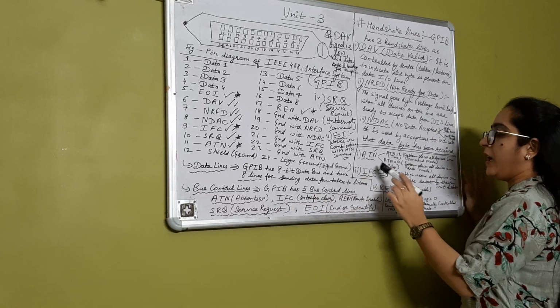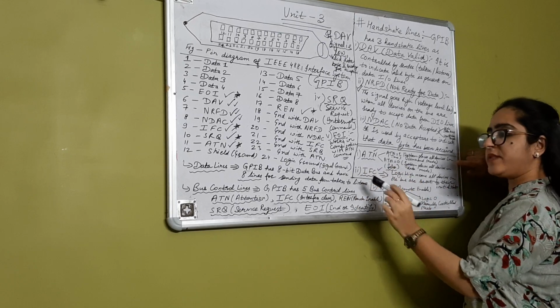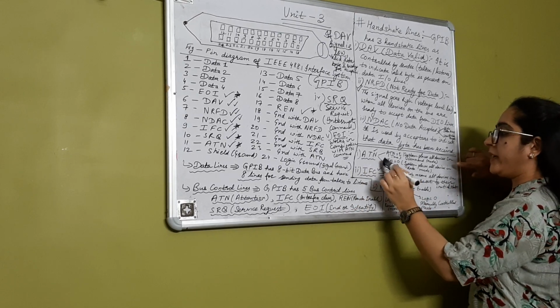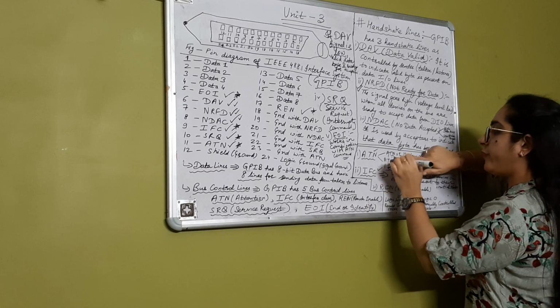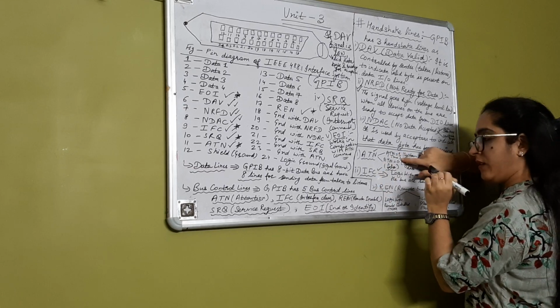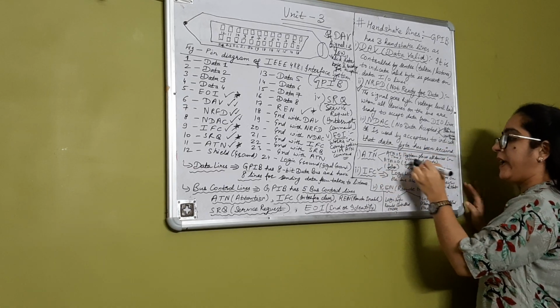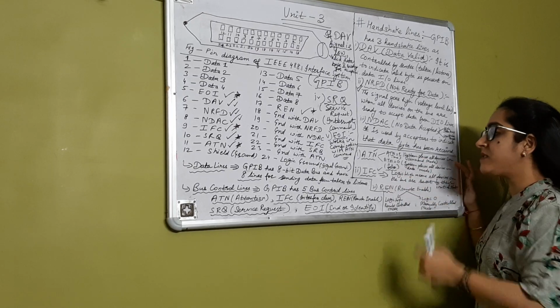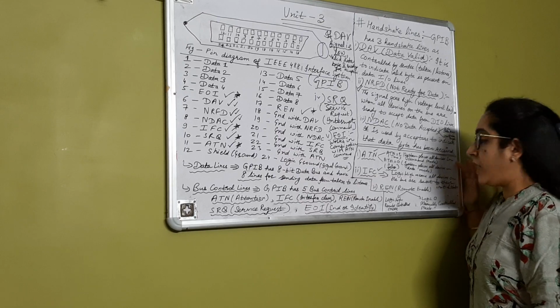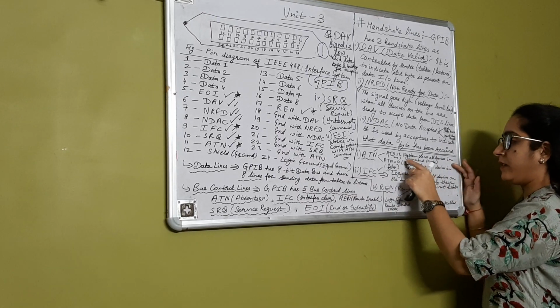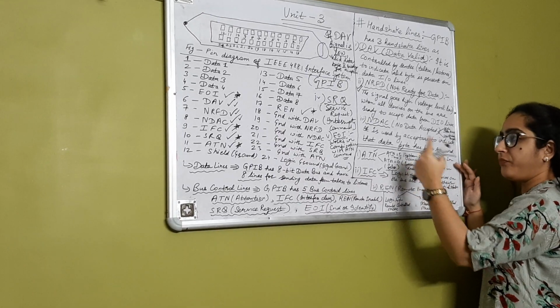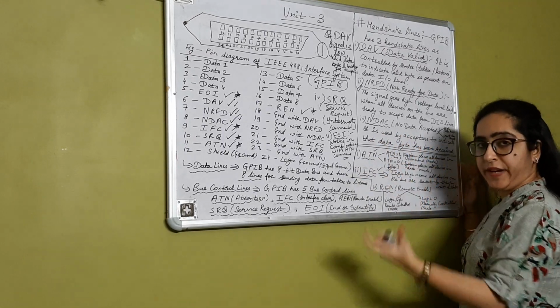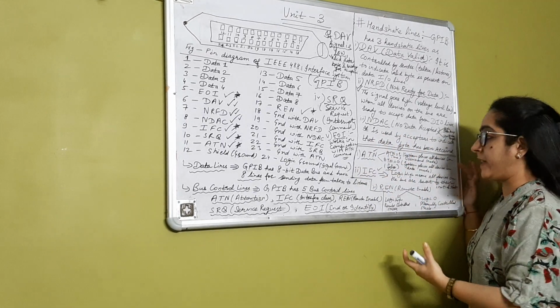Now, what is ATN? Attention. If the attention signal is 1, high or true, the system places all the devices in the command mode. That means the controller will send messages to the devices connected on the bus network.